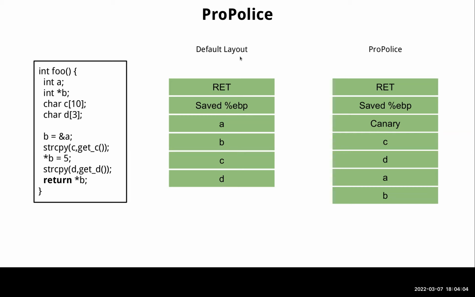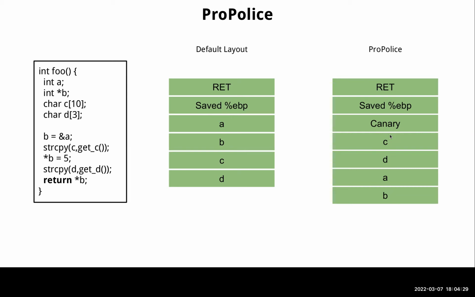So the ProPolice idea is to rearrange the order of those local variables. We do not follow the order the developer programmed there. Instead, we put C and D at the top, then A and B. Then we put a canary there.